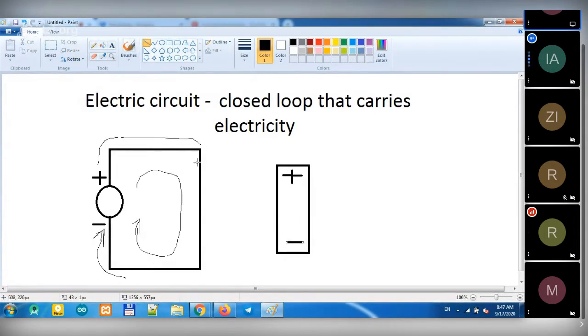So this is the electric circuit of this battery. That's how it works. The positive electricity moves to the negative, and negative moves to the positive. Then the electricity will die. It will finish.